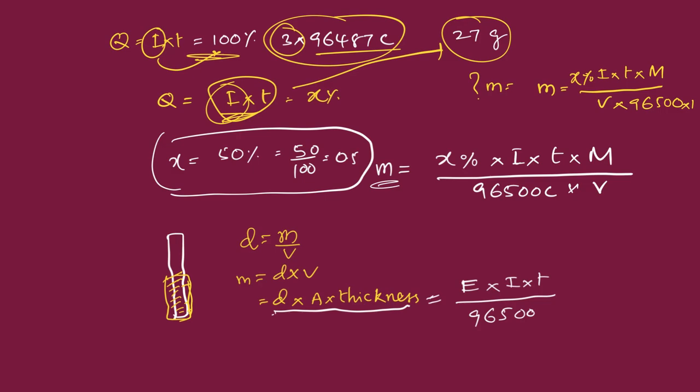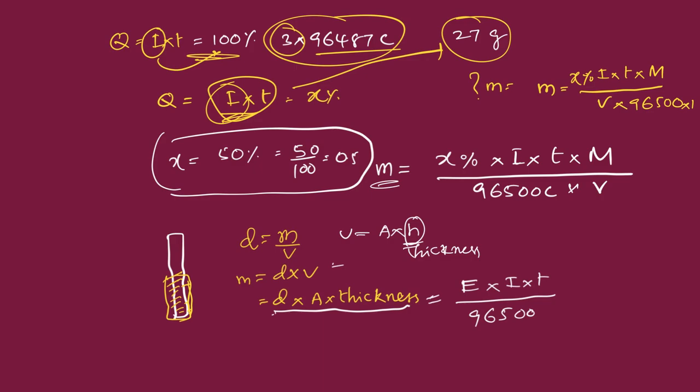So what is the volume? We know that V is equal to area into height. Here the height we are calling the thickness, because that much thin layer is deposited on the electrode.